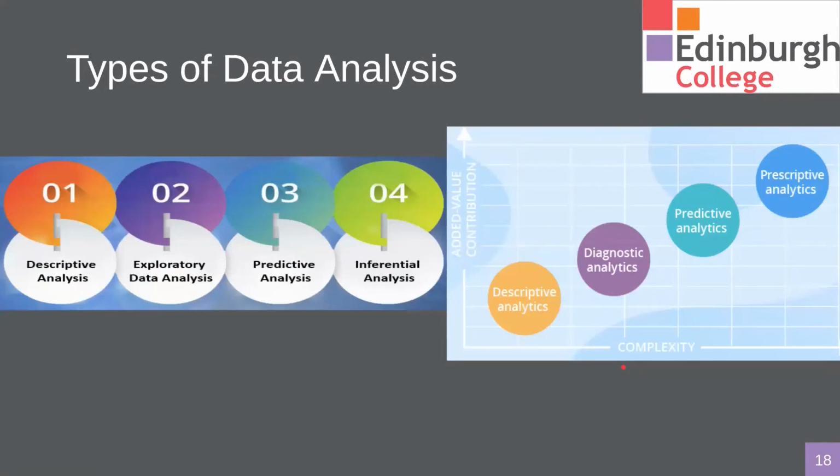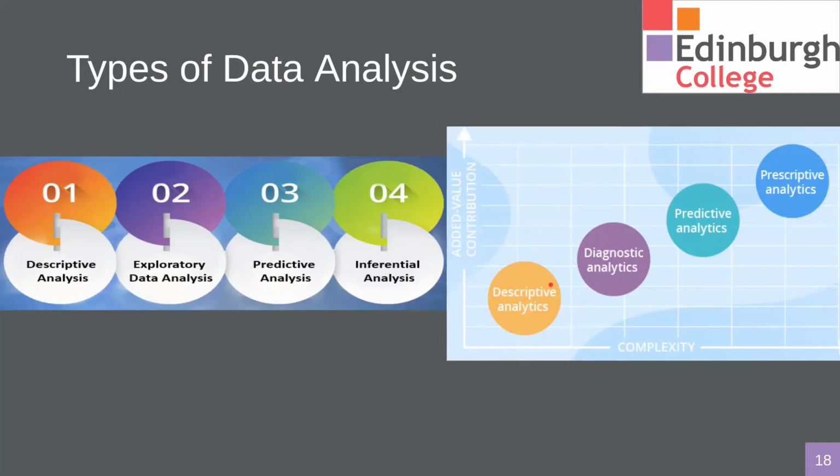Now, here's a couple of graphics that I found that just describe some different types of analysis. So descriptive, exploratory, predictive, and inferential analysis. And then in this one, we have a graph that shows the complexity along the bottom here and the value up here. So we can see descriptive analysis or descriptive analytics has relatively low complexity, but also relatively low value.